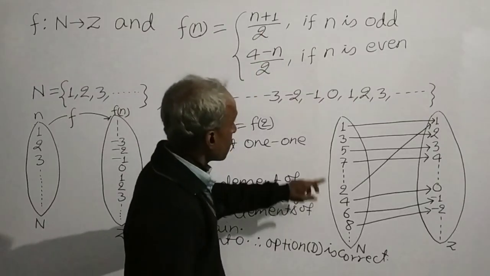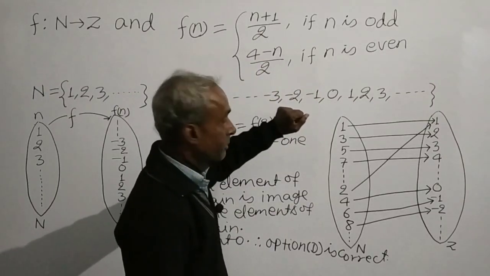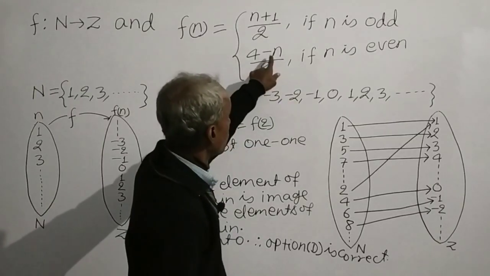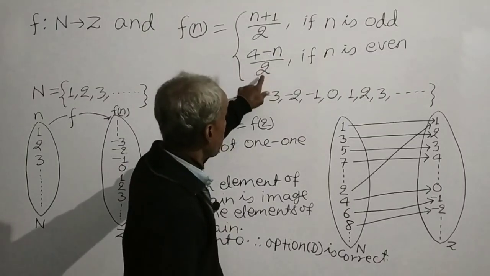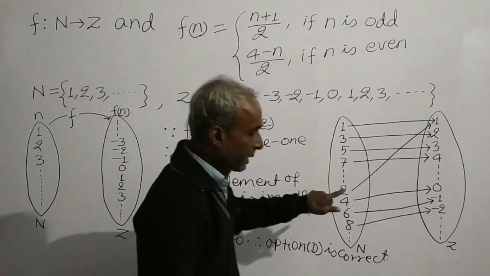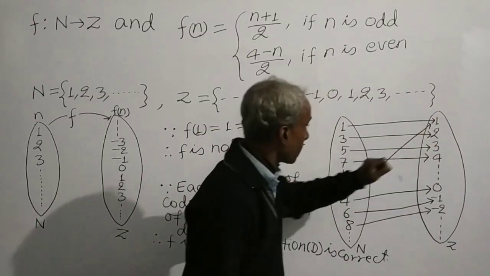Now we put even natural numbers. When we put 2 here, (4-2)/2 means 2/2, that is equal to 1. Image of 2 is also 1.